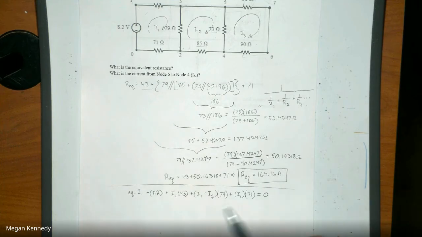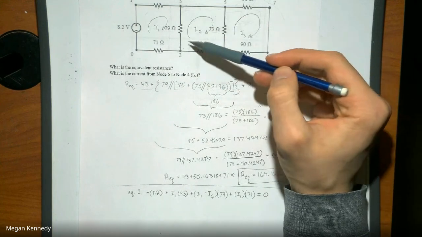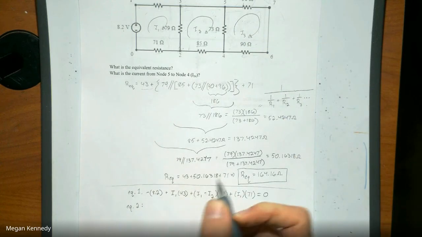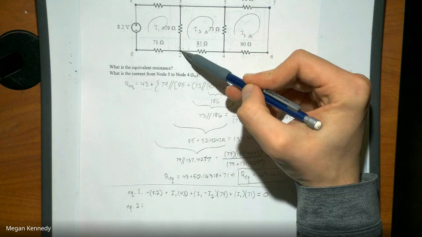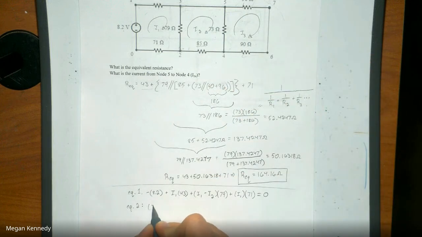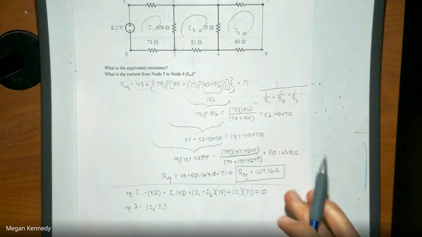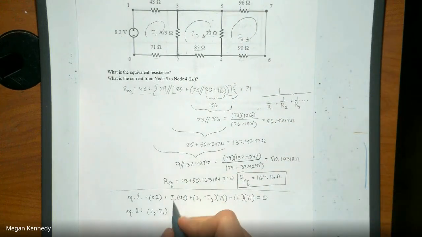So now I'll do our next equation. In this case, I'll just follow along I2 here. So for equation 2, starting at node 2 and going up, we have I2 minus I1. That describes the current then that's going from node 2 to 3. Times the resistance, 79.